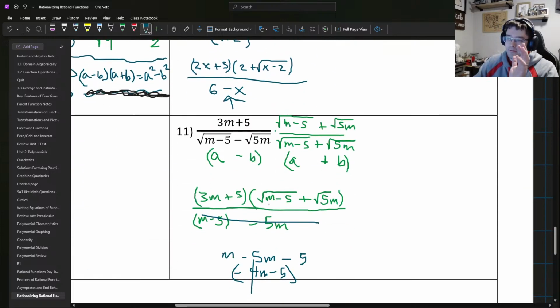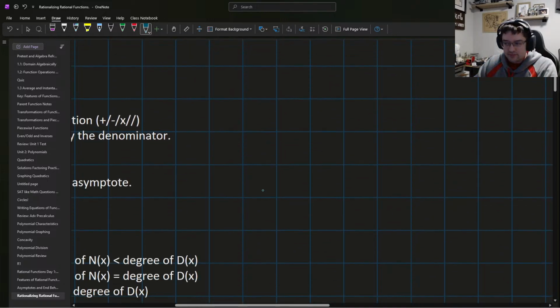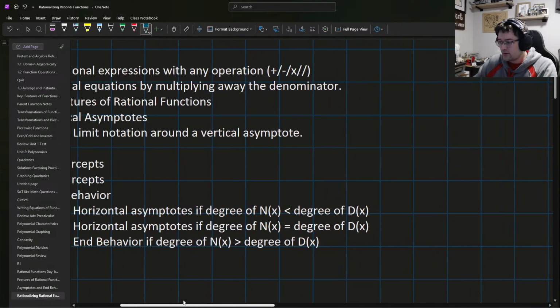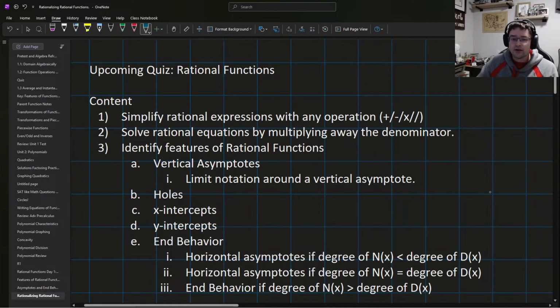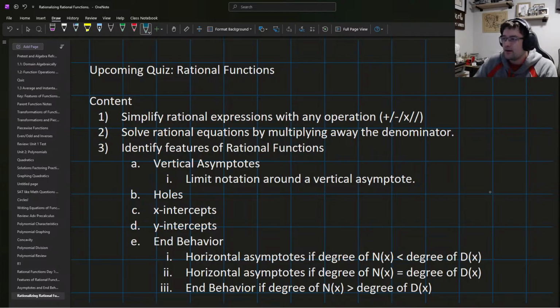The work you see, and I guess for the one person who's here, I'll reiterate. The content on the quiz on rational functions, again, is going to be like this. I said this at the beginning of the recording, but our three larger topics are meant to divide the quiz pretty nicely.